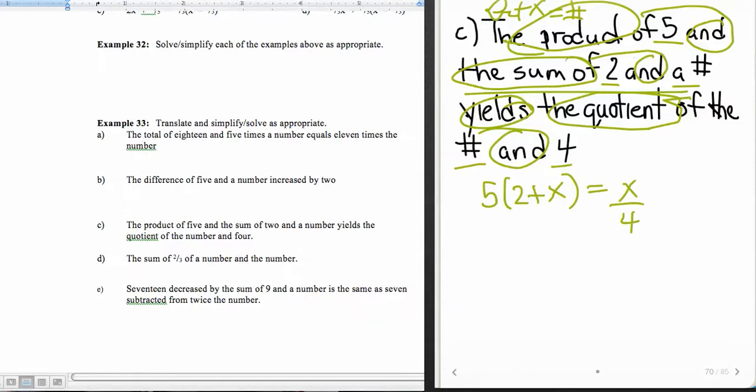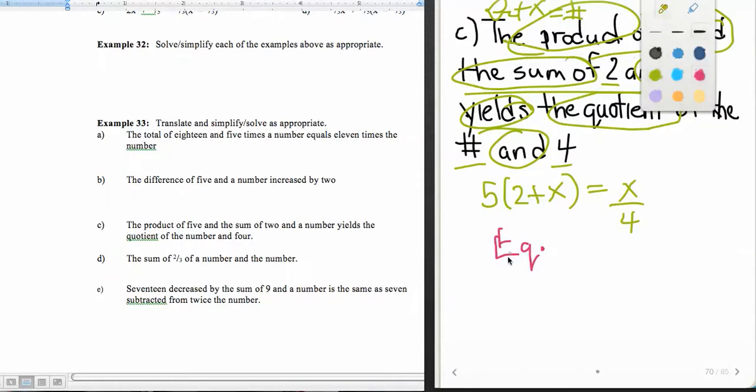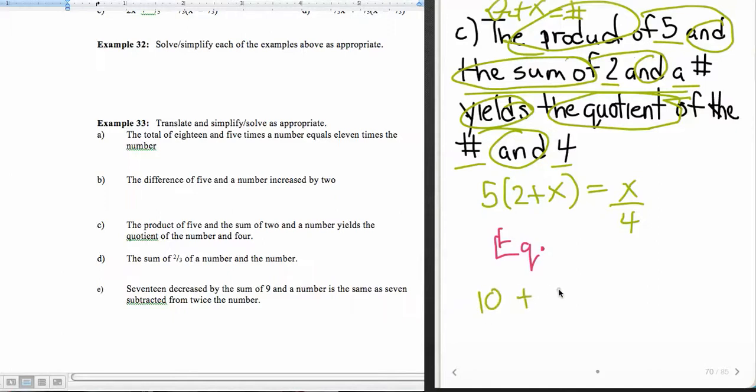And then we need to figure out if this is an equation or an expression. Equal sign means that this one is an equation. And once we know it's an equation, we can solve it. So we're going to use the distributive property. 5 times 2 is 10, plus 5 times x, which is 5x, and that's equal to 1/4 x.